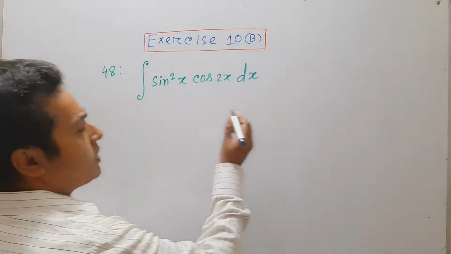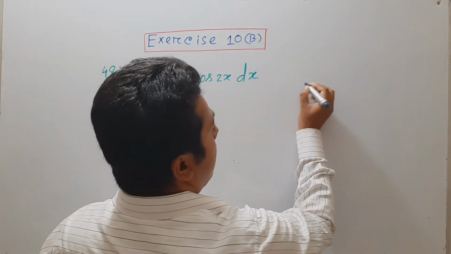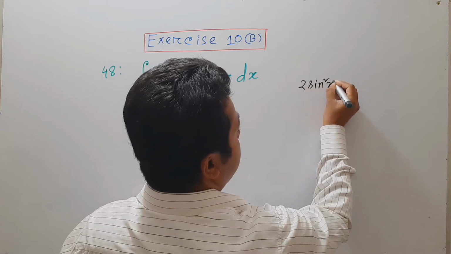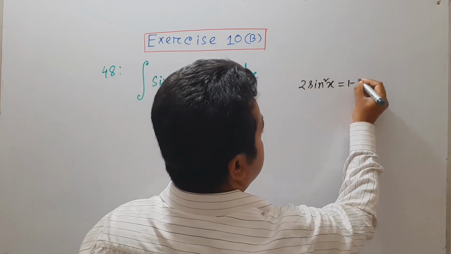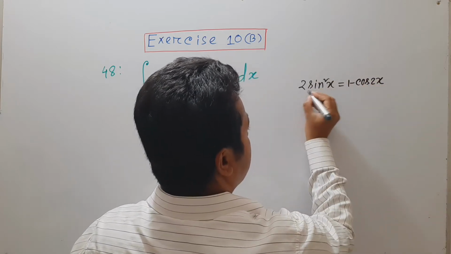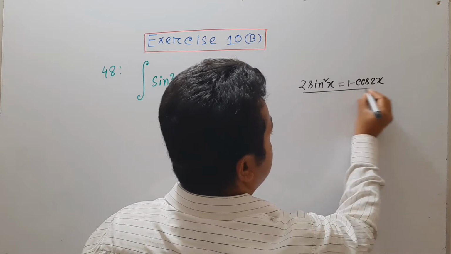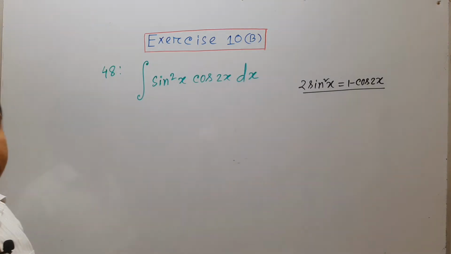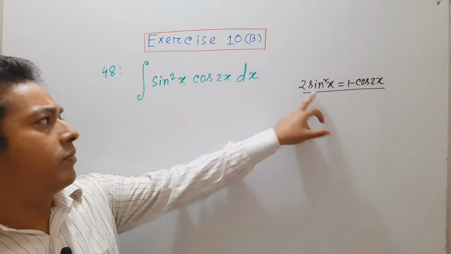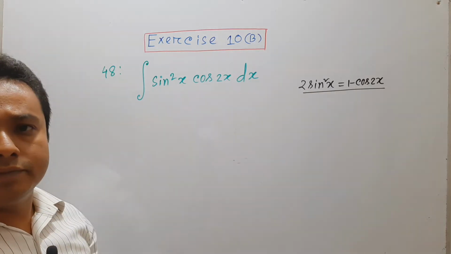We have a trigonometric formula, 2 sin square x is equal to 1 minus cos 2x. We want to apply this formula in this case.